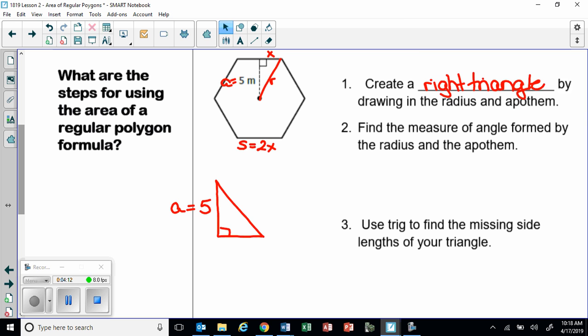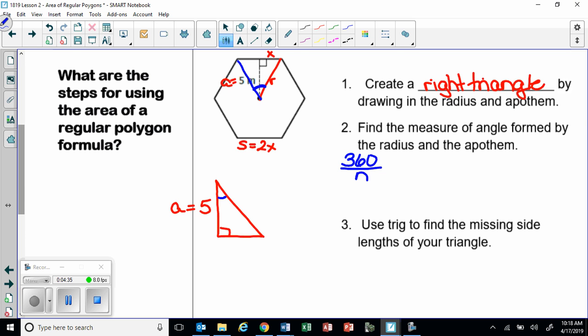We have to find the measure of the angle right here, formed between the radius and the apothem. Okay, so if I draw in a second radius, I now have a central angle. I know I can find the measure of my central angle by doing 360 divided by n.